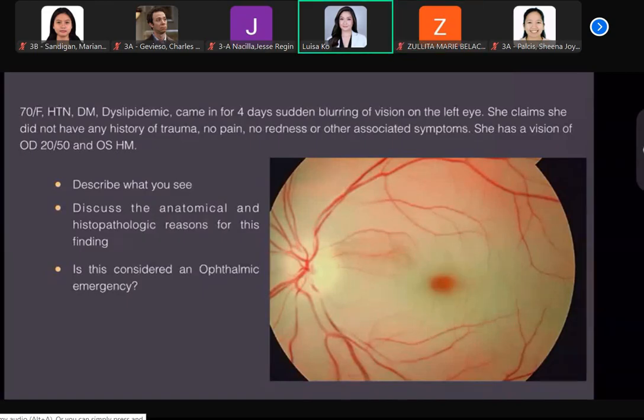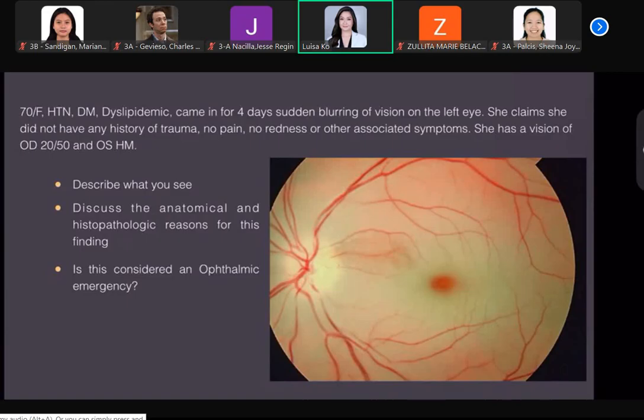So even if we are ophthalmologists, we are still medical doctors. So what happened here is that this was highly likely an embolic event, right? So if the patient had an embolic event here, they are at risk for developing strokes. Aside from that, cardiovascular incidents. Right? So do not discharge the patient.